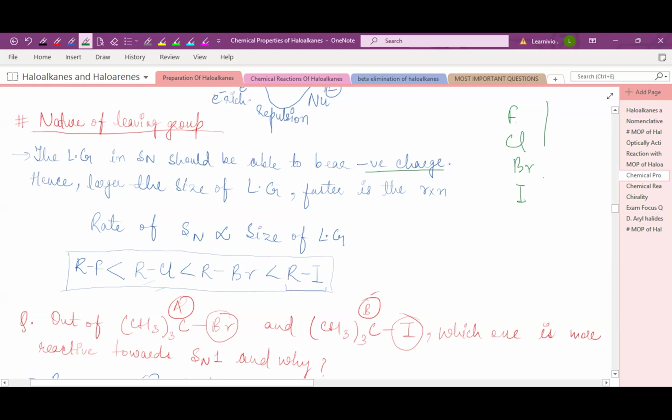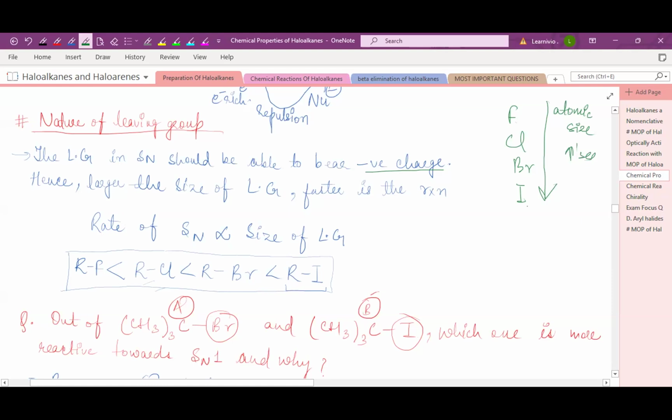Yes, good. The atomic size will increase when you move from top to bottom.